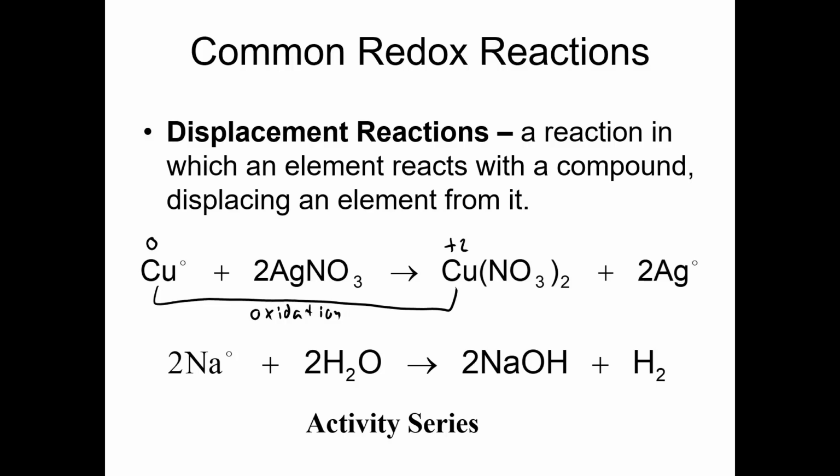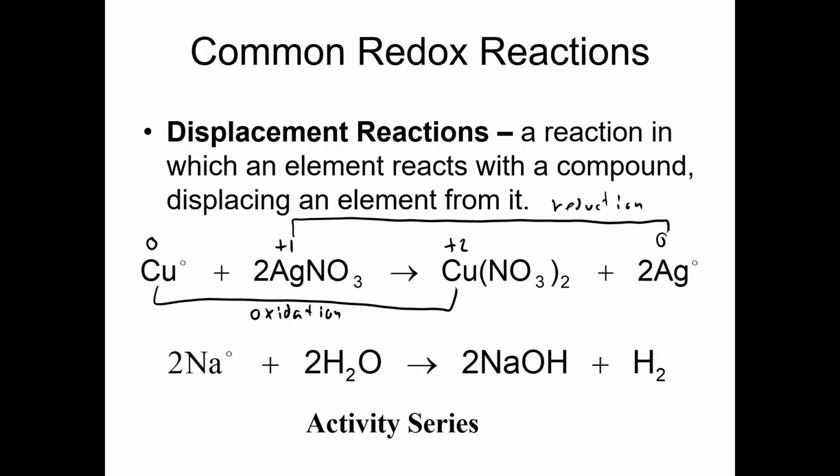And we know that because it has to, right? The nitrate doesn't change, so nitrogen and oxygen are the same oxidation number. Here silver is +1, and here silver is 0, so that is the reduction. Silver is reduced. It is the oxidizing agent. It works hand in hand.